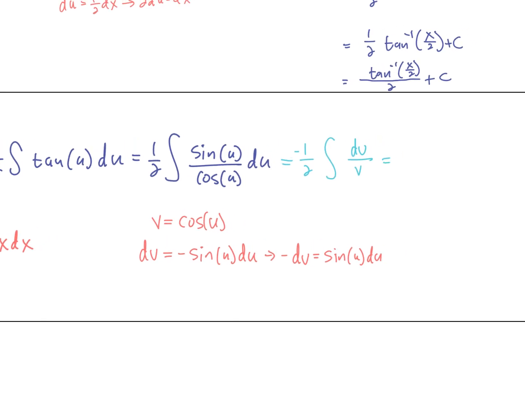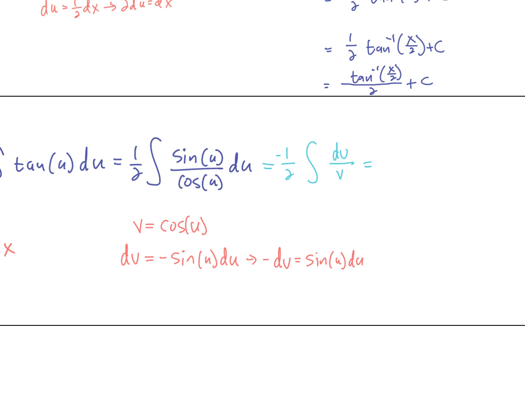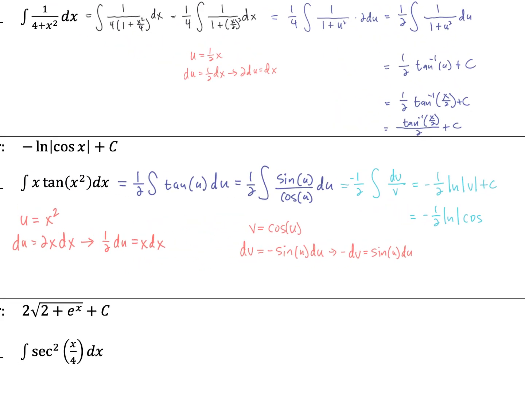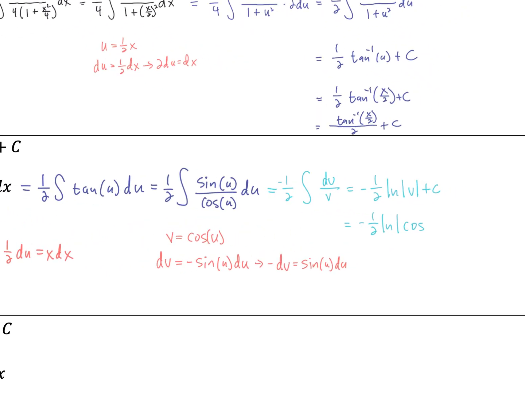Okay, so now this is something that we can directly find the antiderivative of. Dv over v is really 1 over v dv. That's a v there, and that's ln. So this will be negative 1/2 ln absolute value of v. Okay, v was cosine u, but then u was x squared.